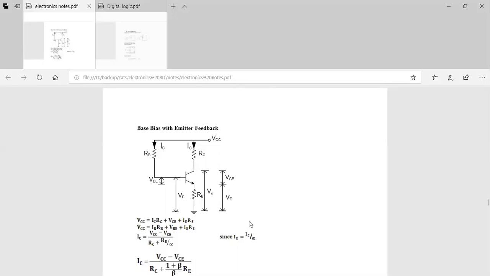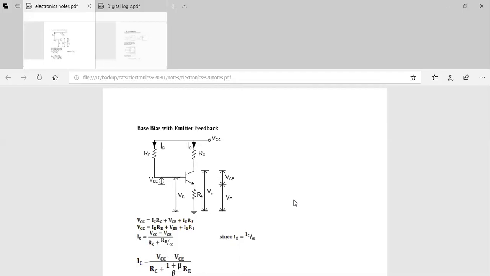Did you manage to do anything on this biasing methods? Plus also the example I'd asked you to do. I did the example, that exercise. Yes, the exercise. There were changes on RB.